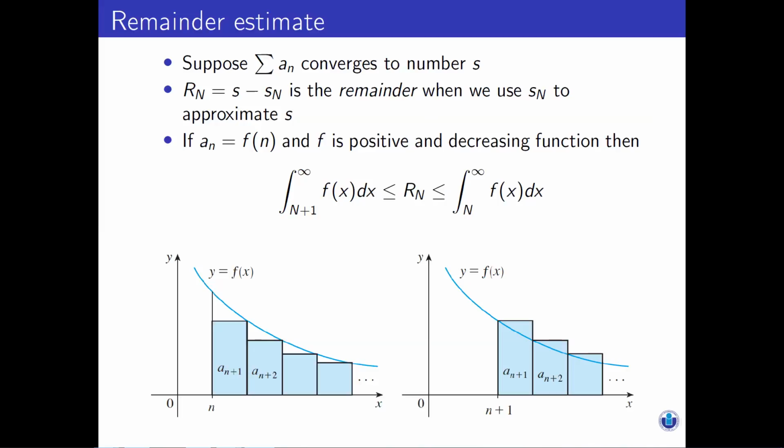What we want is to determine how big this error is. If you know the size of R_N, then you know how accurate it is when you use S_N to approximate S. That is a very useful thing to have.